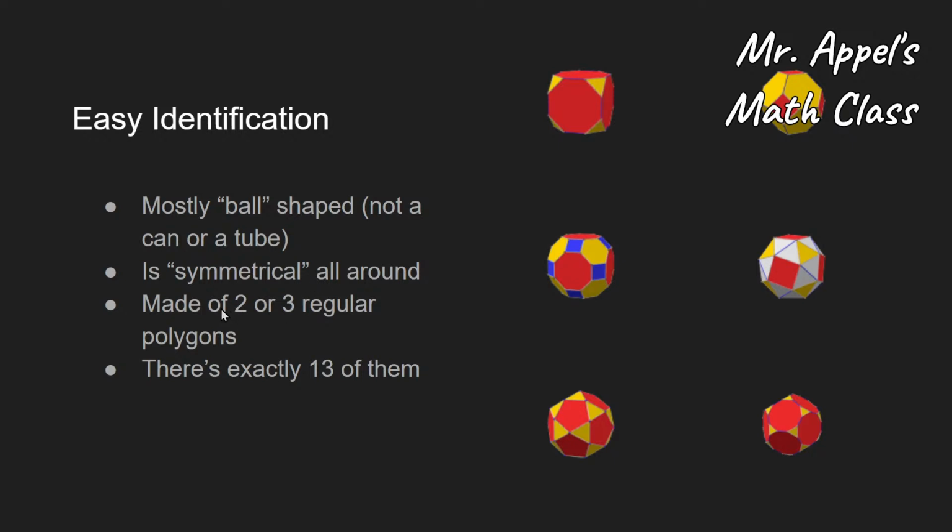And they are, all of them are made of only 2 or 3 regular polygons. So if you spot any other shapes, you know, 4 or more polygons or irregular polygons, it's not an Archimedean solid. And then finally, there's only a finite list. Just like the Platonic solids only had exactly 5, there's exactly 13 of these guys. If it's not on the list, it's not an Archimedean solid. So that's a very easy way to identify them.